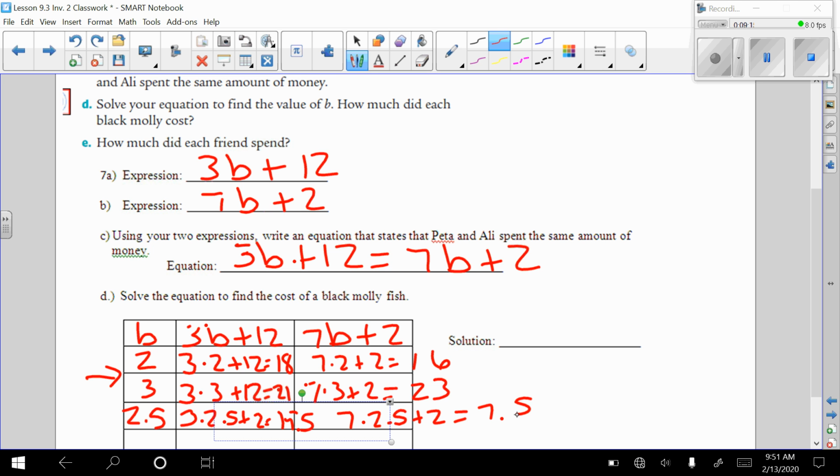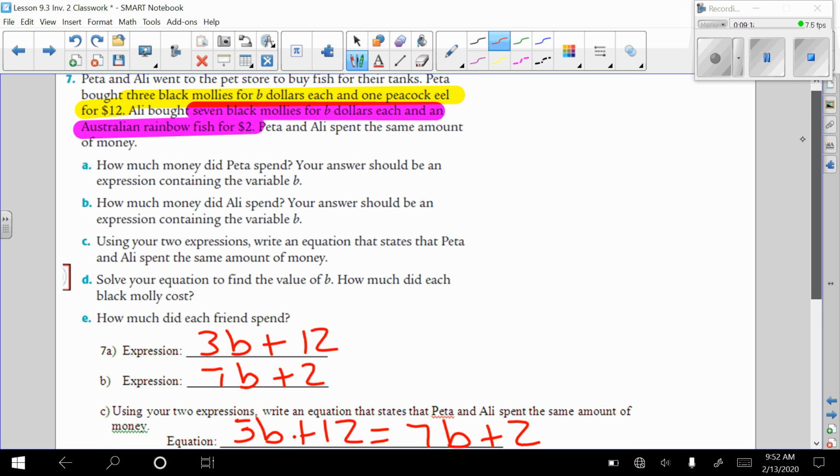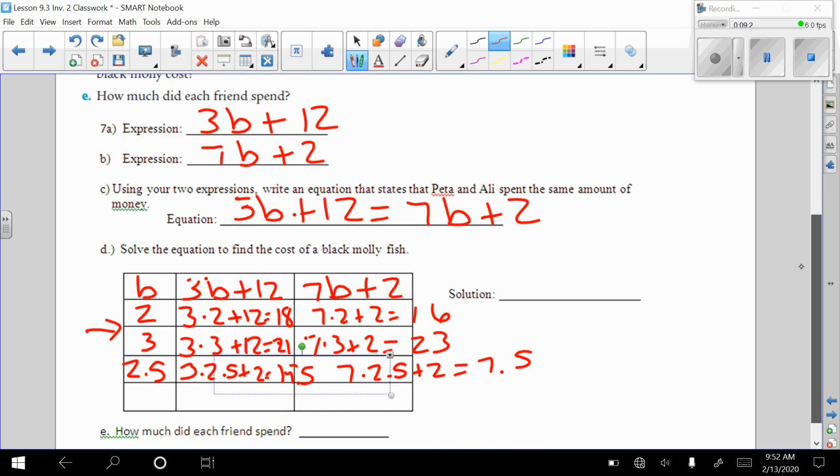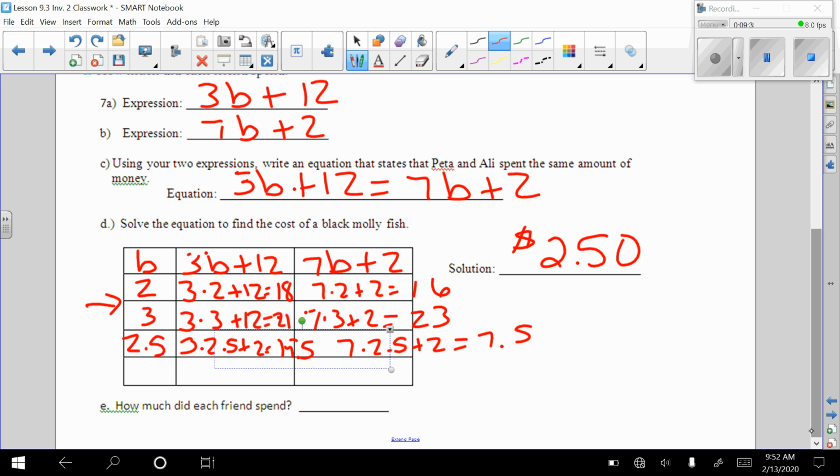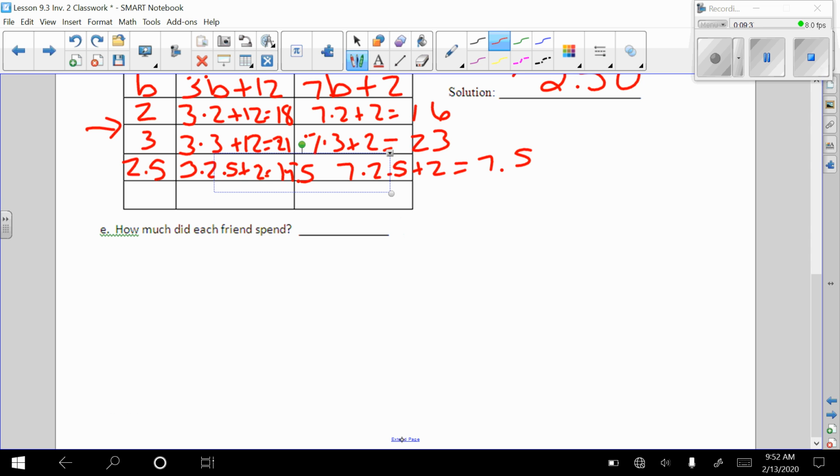All right, and remember, the B was standing for dollars. Remember, it was B dollars. So that 2.5 is really $2.50 is what it cost me. So how much did each friend spend? Well, in order to do that, I need to substitute that $2.50 back into my equations to determine. So for Petra, I had the equation 3B plus 12.